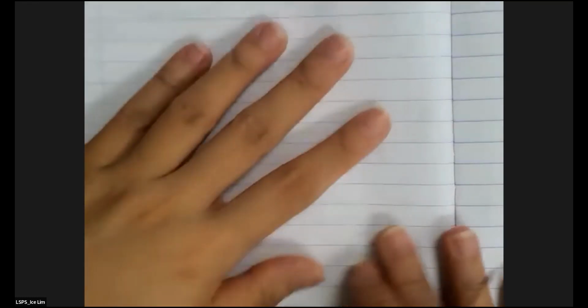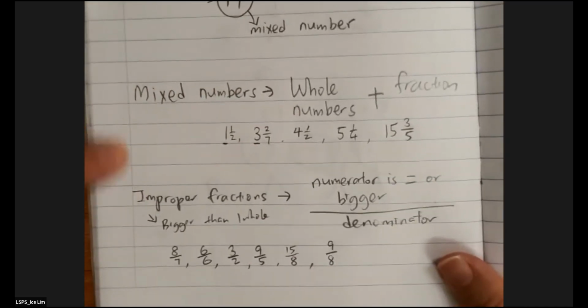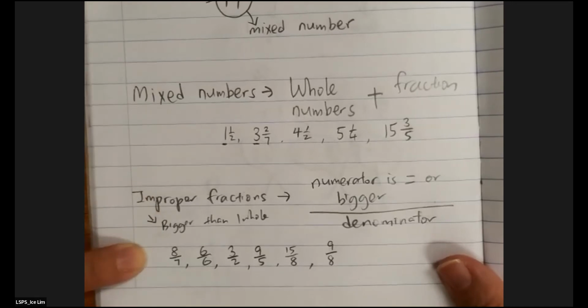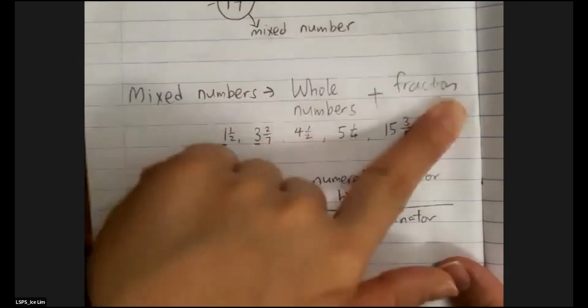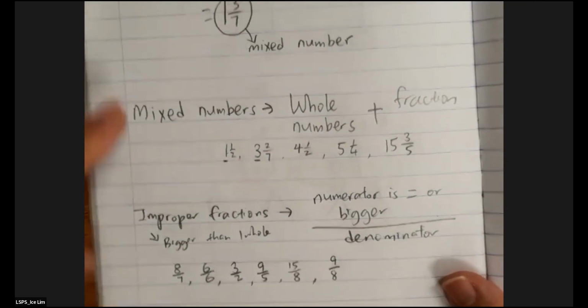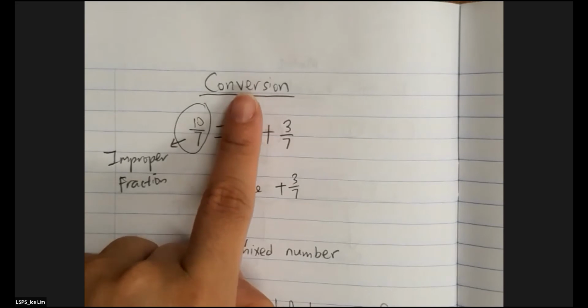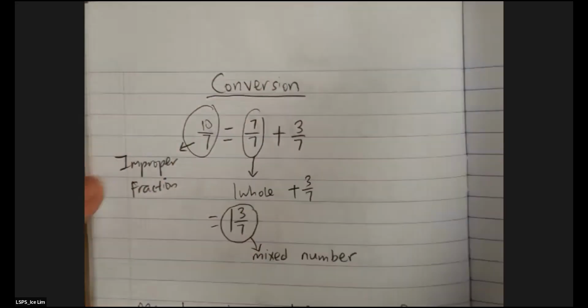Okay, moving on. Fresh page now. Now I'm going to use these examples that we just created, and we're going to link them together. So mixed number examples, and then we have improper fraction examples. Now we're dealing with the conversion. Right now that's what we're talking about.